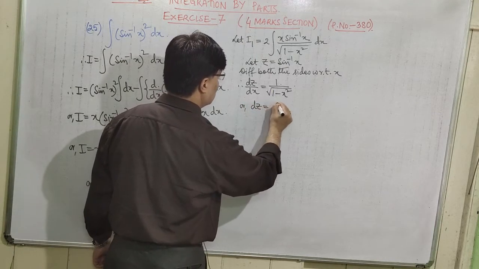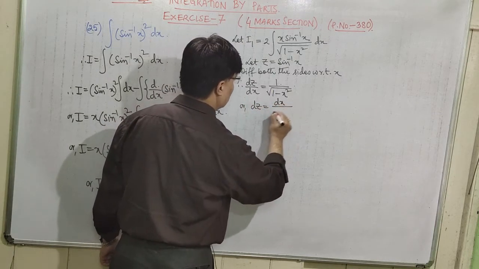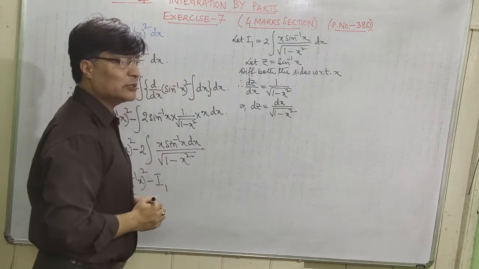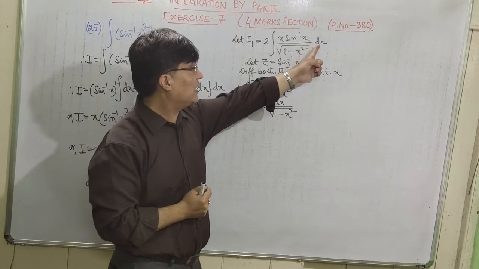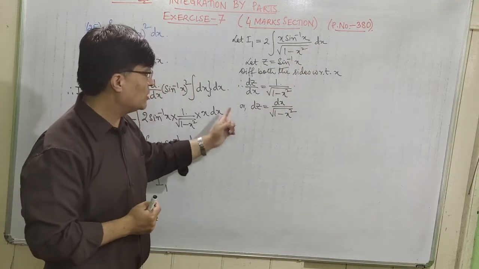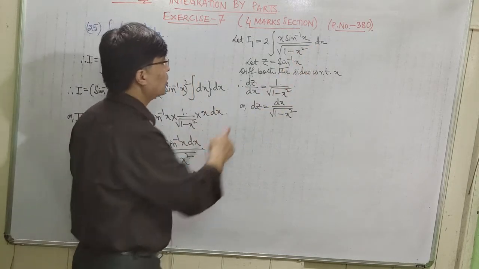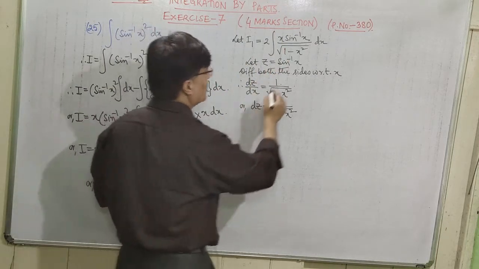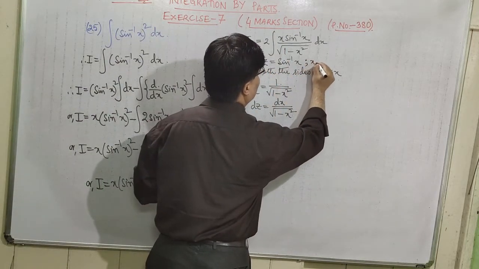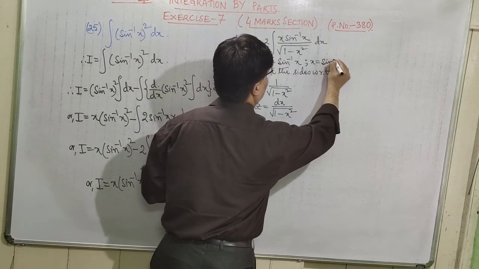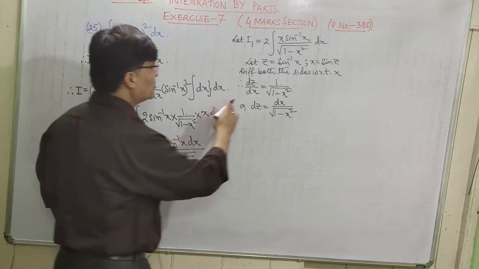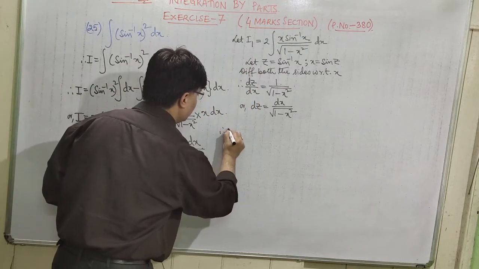So dz is equal to dx divided by root over 1 minus x square. That means we get the value for dx upon root over 1 minus x square, which is dz. So again there is x here. You have to get the value for x from here. So from here, what is the value for x? x is equal to what? This is sine z.